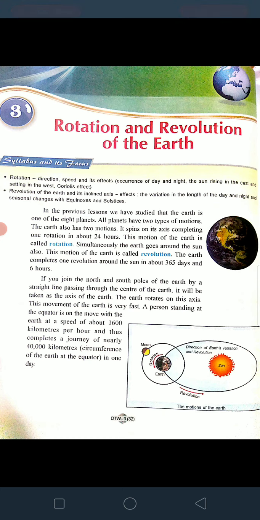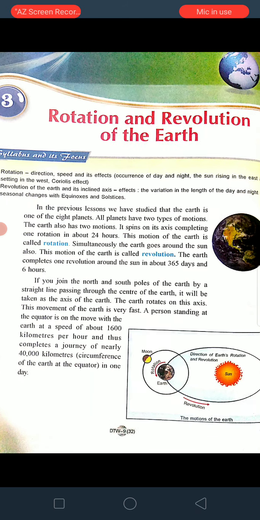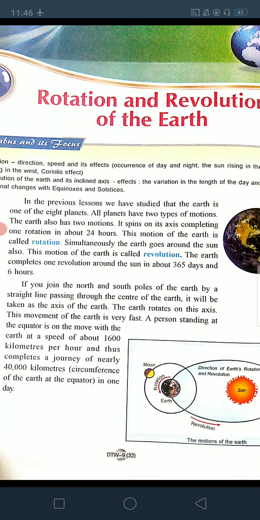In the previous lesson we studied that the earth is one of the 8 planets, and all planets have two types of motion. The earth also has two motions. One is it spins on its axis. The earth has an axis running from north to south, connecting the north pole to the south pole.